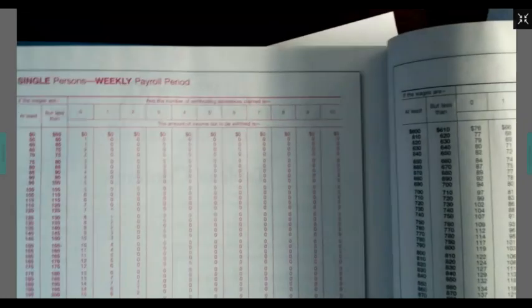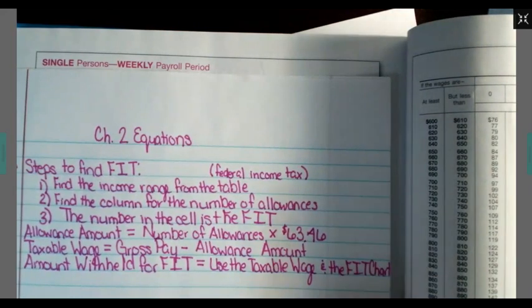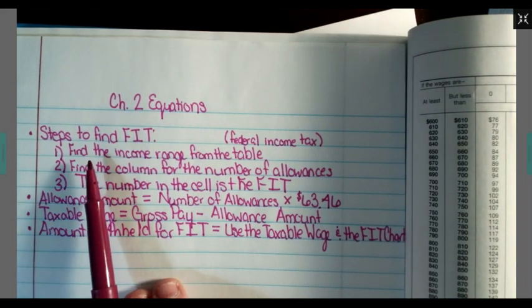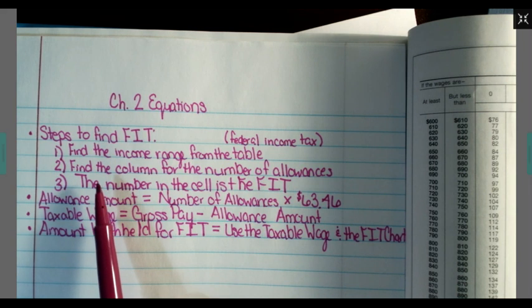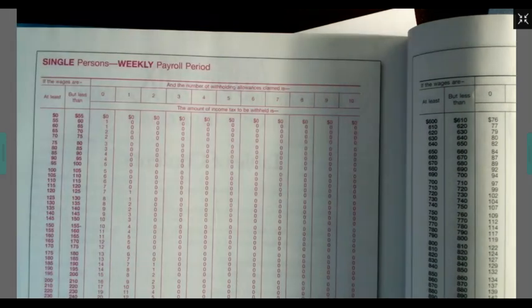It looks like these right here. The steps to use these charts, we first need to find the income range. Then we need to find the number of allowances. And the cell where they meet is our FIT.